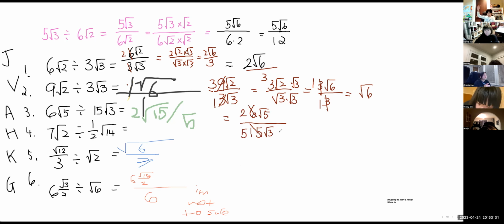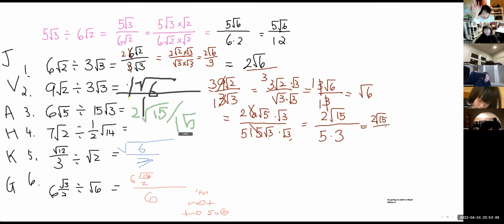Now I times square root 3 and times square root 3. So the answer is 2 square root 15 over 5 times 3, 3 times 3 equals 15. So it's 2 square root 15 over 15. Yes, Jason?